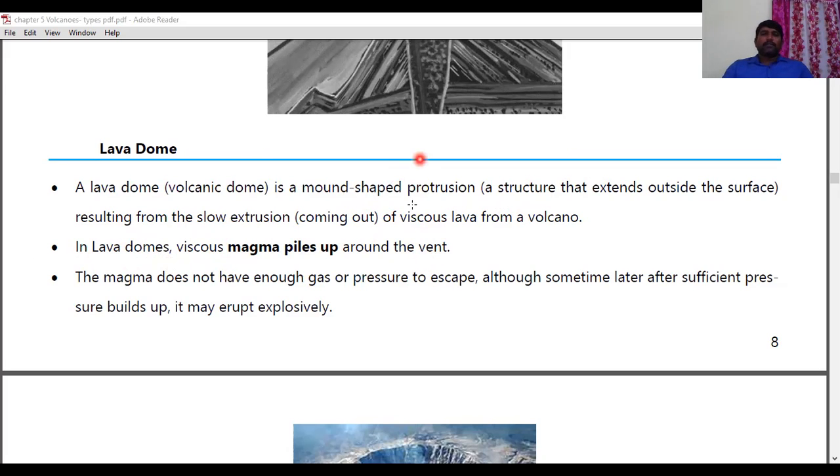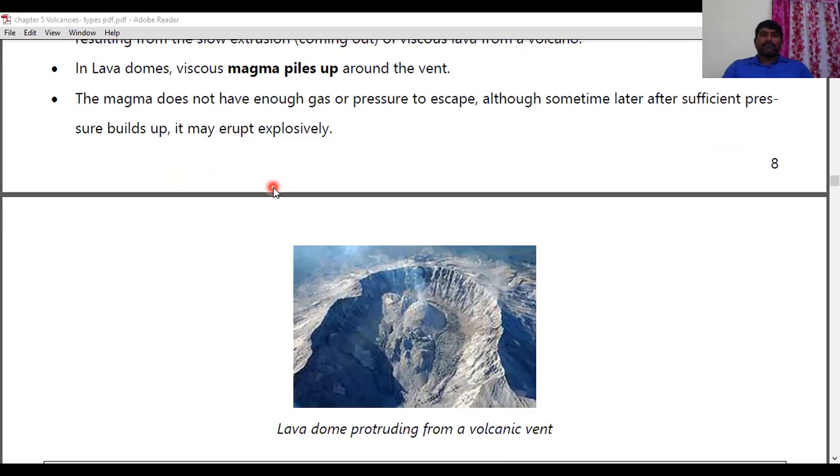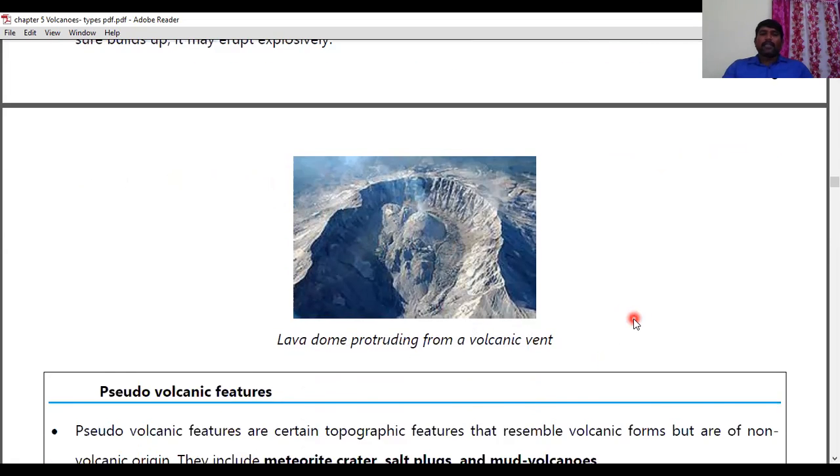The magma does not have enough gas or pressure to escape, although sometimes later after sufficient pressure buildup, it may erupt explosively. As shown in the figure on the screen, lava dome-shaped protruding from a volcanic vent.